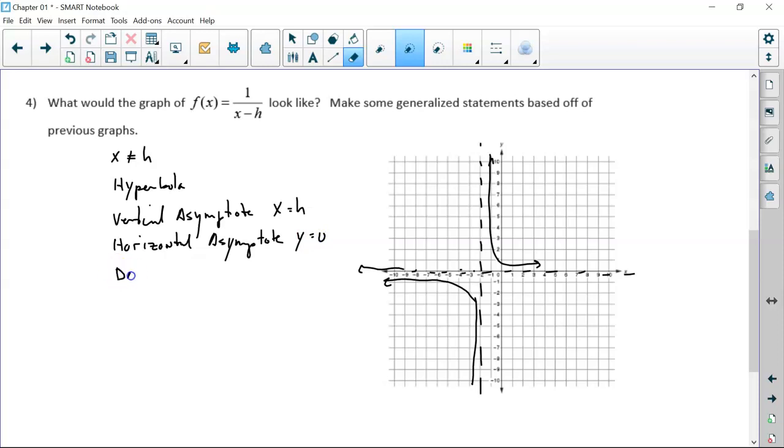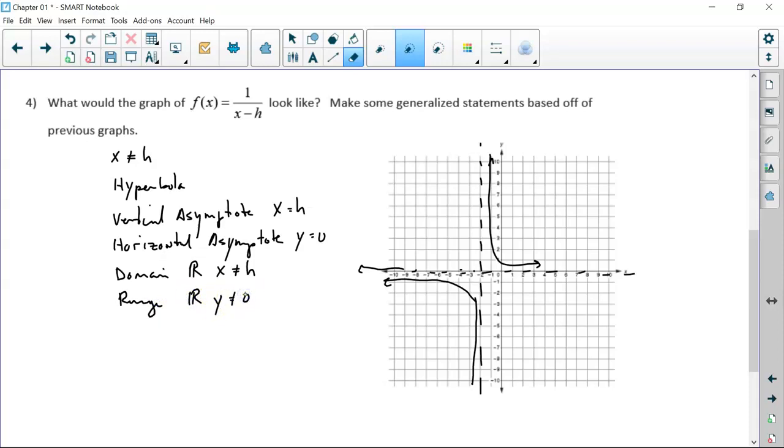In our domain, we could use any number we wanted to as long as it wasn't h. So it's all real numbers, x is not equal to whatever h is. And our range, all real numbers, y is not equal to 0.